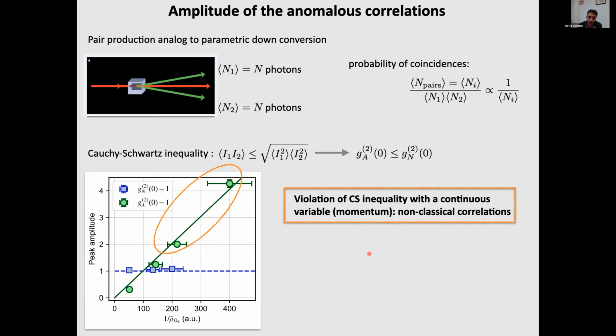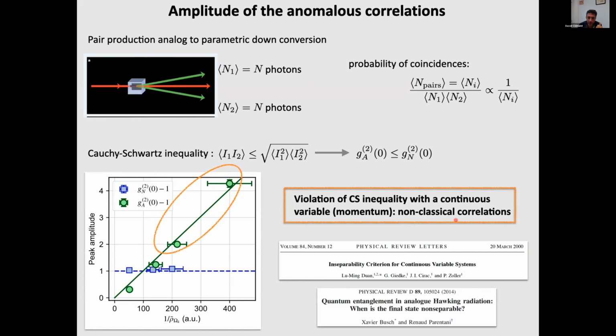So to go a little bit further, one can use this type of violation of Cauchy-Schwarz inequalities to infer some separability criteria and to quantify some entanglement, as for instance proposed in these works.